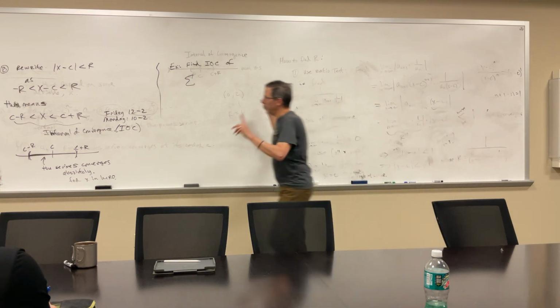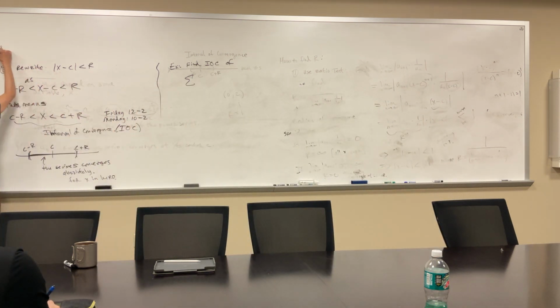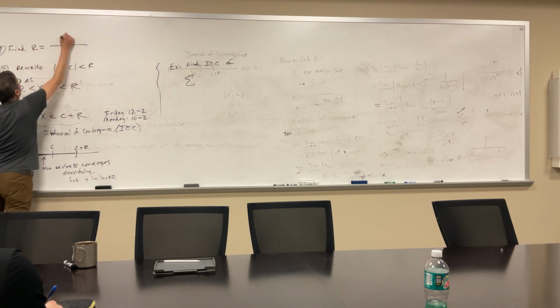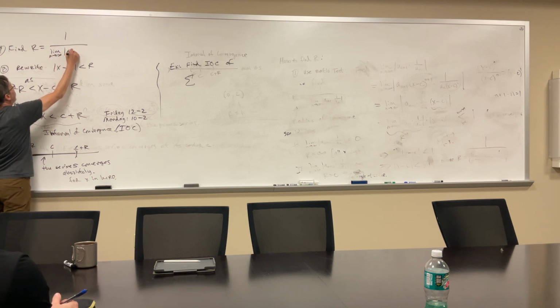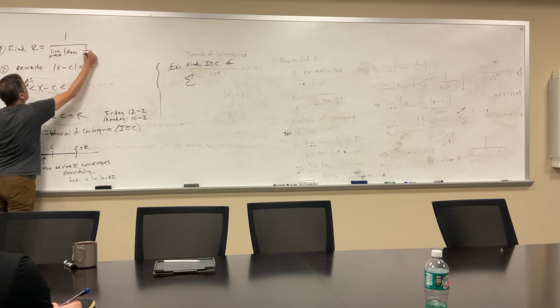Let me just summarize really quickly. Step one is find this: R equals 1 over the limit as n goes to infinity of those coefficients. That's step one.